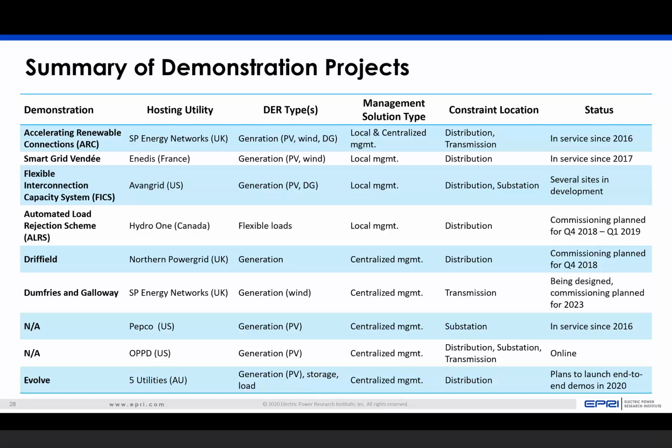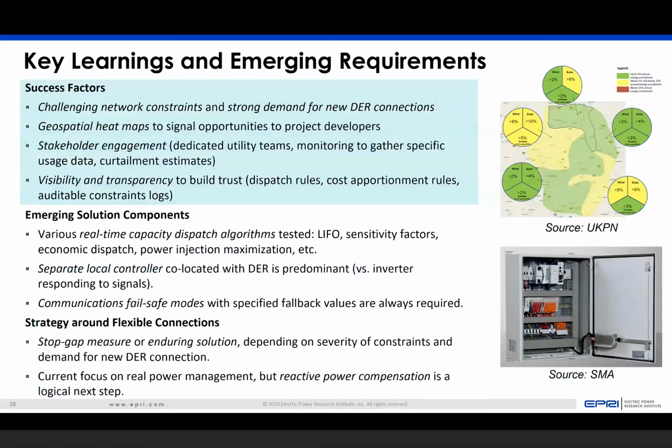So next slide. Through our review of many of these early adopting projects of flexible interconnection, we've learned a number of things related to key learnings associated with success and some emerging requirements.